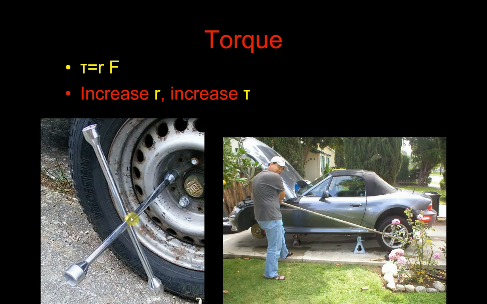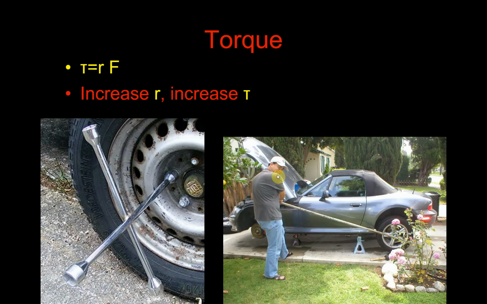Now, this radius here is limited. So instead of having a lot of heavy people jumping on the end of this small radius, a way of increasing the torque, the twisting force about this nut, is to leave your force the same and increase R. So that's what this guy has done here. And he's incredibly happy about this discovery.